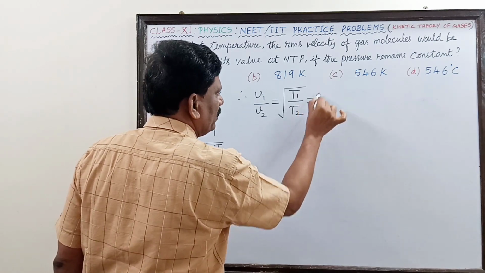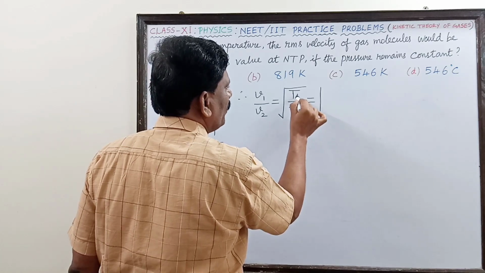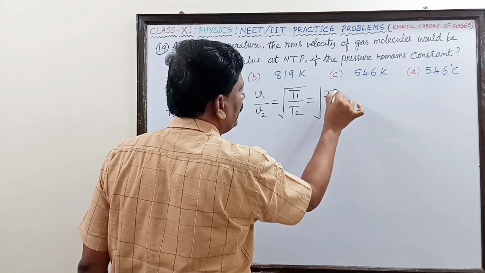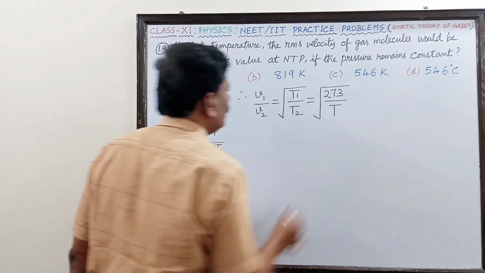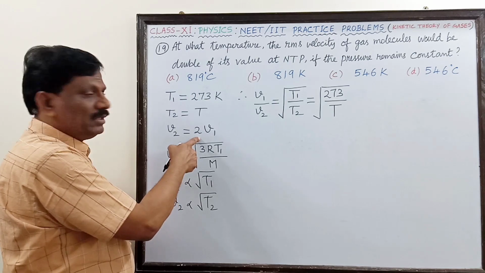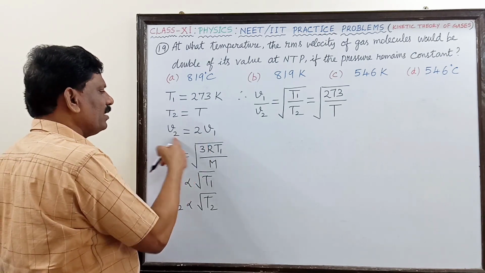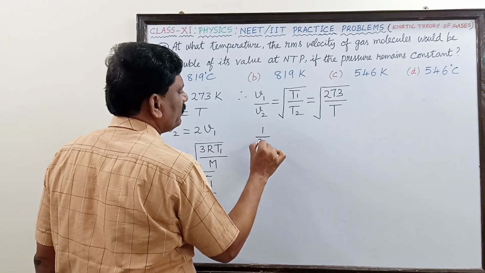So this is equal to square root of, we can substitute, 273 divided by T2, which is T. But for V1 by V2, see here, V2 is equal to 2 times V1. So V1 by V2 is equal to 1 by 2.